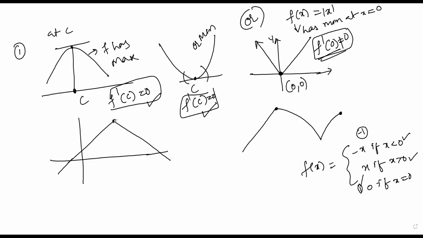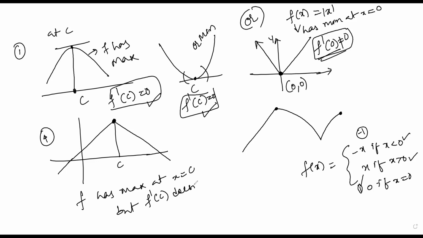Here, let's say this is c. f is maximum at x equal to c in this case, but here you can't say f dash of c is 0, you should say f dash of c doesn't exist. So either 0 or doesn't exist.